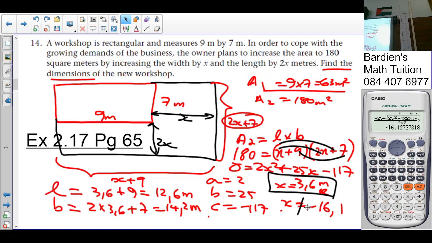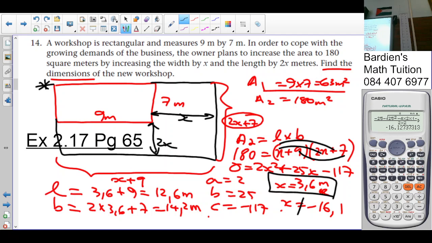I worked the sum out already, and I got 2x plus 9 and x plus 7. Here's the mistake, in the diagram. The workshop is rectangular and measures 9 by 7.